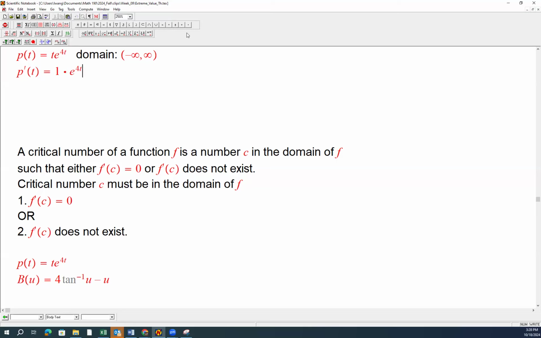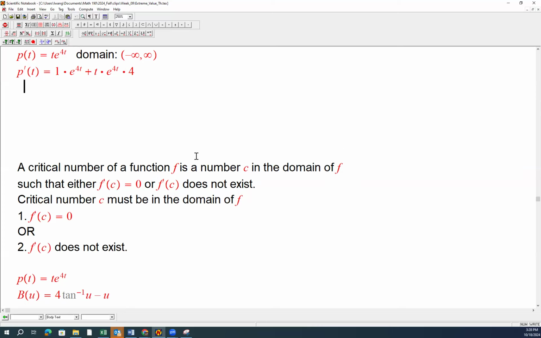And t times the derivative of e to the power 4t, which is e to the power 4t multiplied by 4. Equals, we're going to factor out e to the power 4t, and then we will have 1 plus 4t.